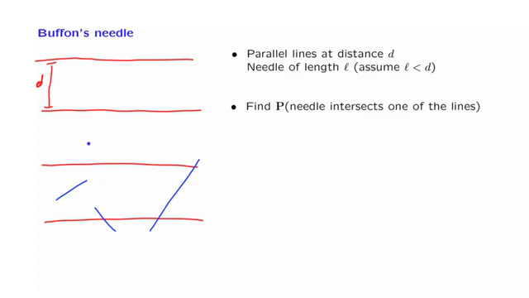Let us see what it takes to describe a typical outcome of the experiment. Suppose that the needle fell this way, so that the nearest line is the one above. And let us mark here the center of the needle. One quantity of interest is this vertical distance between the needle and the nearest line. Let us call this quantity x.